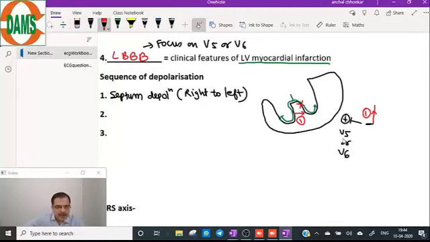This is a very important change in the ECG, which we usually ignore. Because of this, you can highlight this finding. Because of this change, the septum is getting depolarized from right to left.